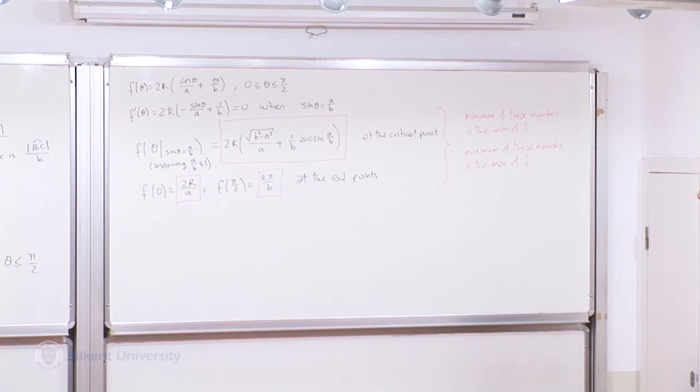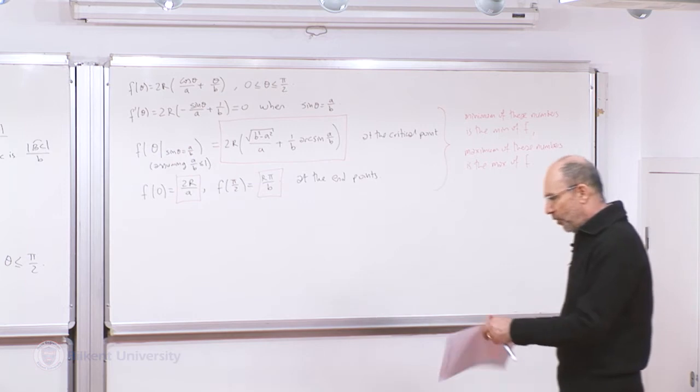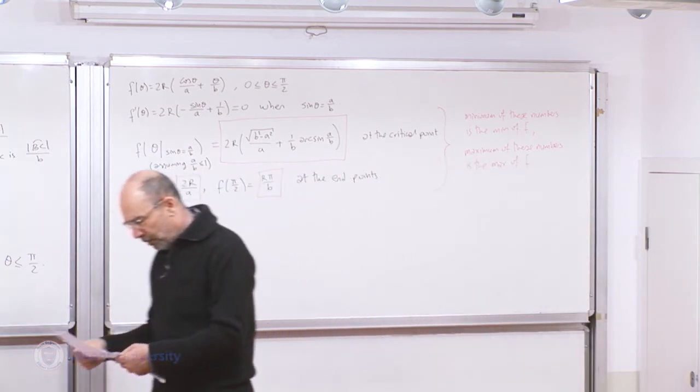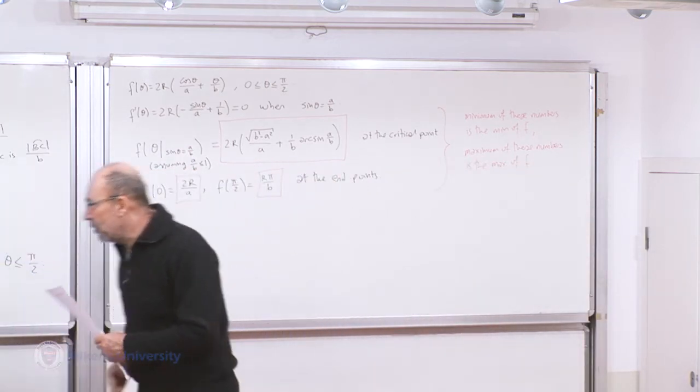But then, of course, one is curious, can we say a little bit more about this without putting in numbers? How will the answer change when the numbers change? Okay, so we can do that. In fact, we can try the second derivative.